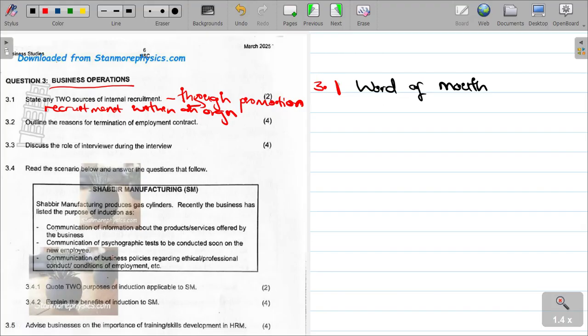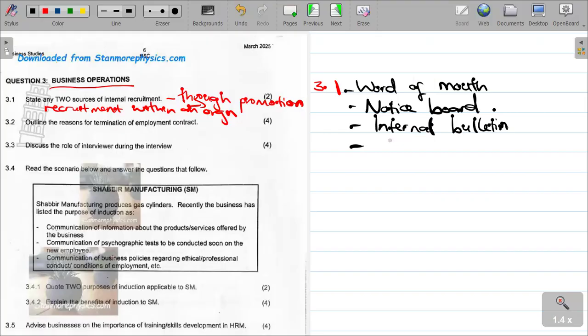They can put that information on the notice board. Management can use the notice board to advertise, right? They can also use an internal bulletin to inform employees of a vacancy.